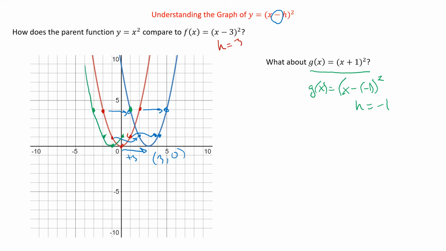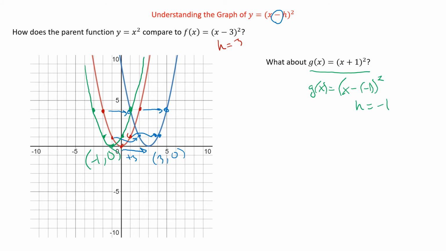Then sketch it. Hey, my sketch was a little bit better that time. So everything just went to the left 1 from that red y equals x squared. The vertex now, instead of at 0, 0, would be at negative 1, 0.